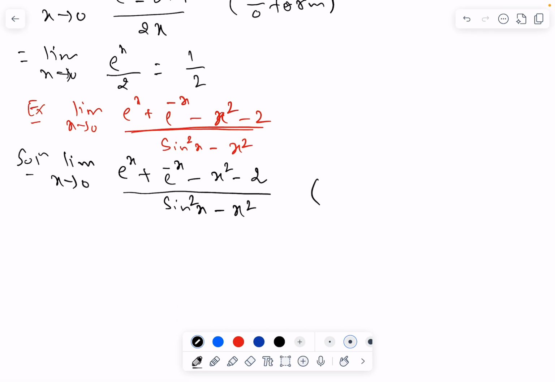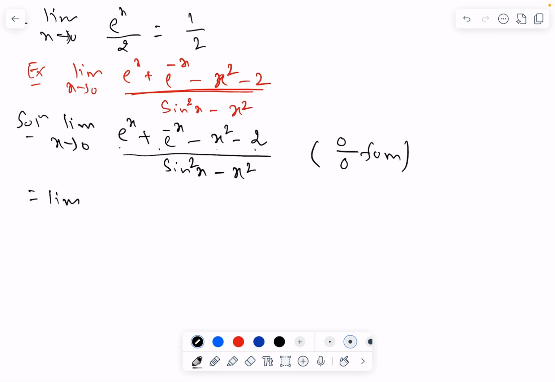Now here, as x tends to 0, e^0 is 1, so this is 1 plus 1, 2. This is 0 and this is 2. So 2 minus 2 is 0. And we know as x tends to 0, sine is also 0 and x square. So this is 0 by 0 form.